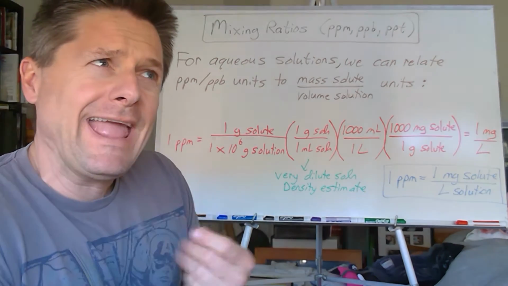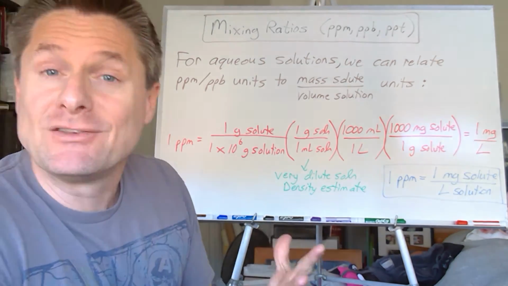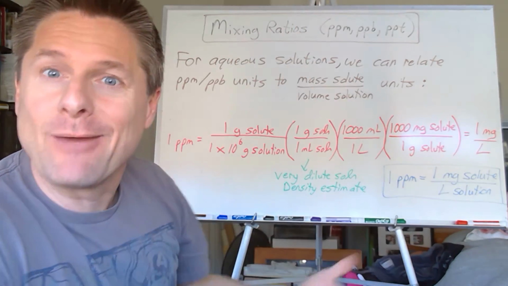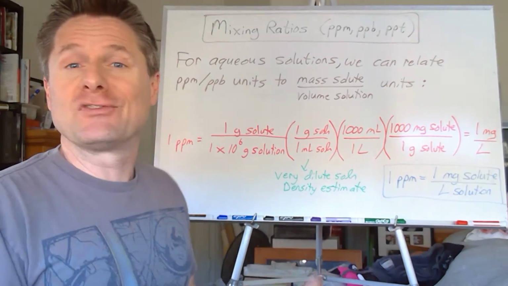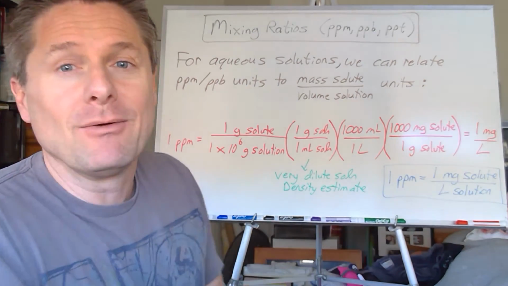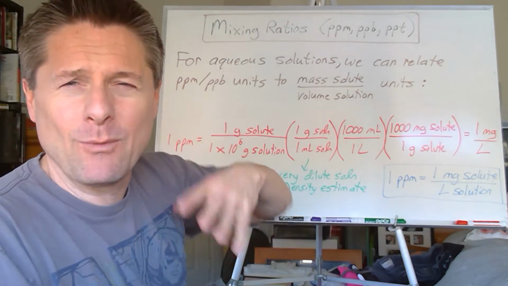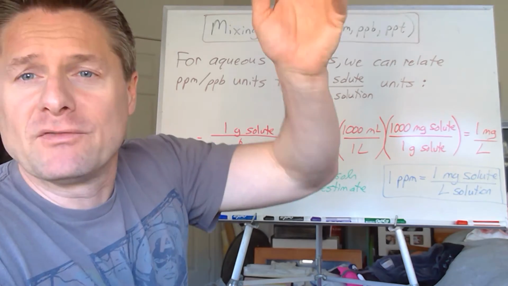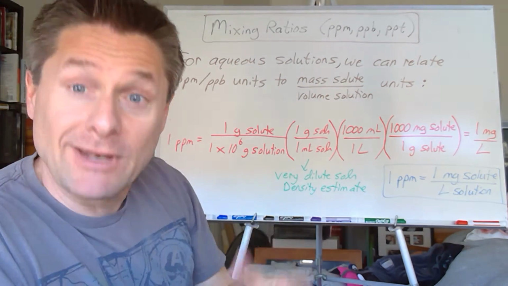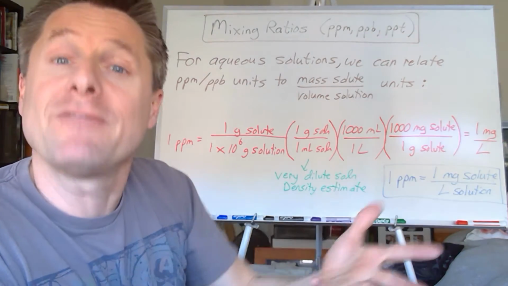When we're looking at solutions, typically what we think of as a solution in general chemistry is not air, right? You say solution, we think of a liquid solution, a dilute sodium chloride solution, or a potassium nitrate solution, something like that. So it makes sense to go, so many particles of solute per particles of solution, like in atmospheric chemistry, out of 1 million particles of air, how many molecules of that particular species.